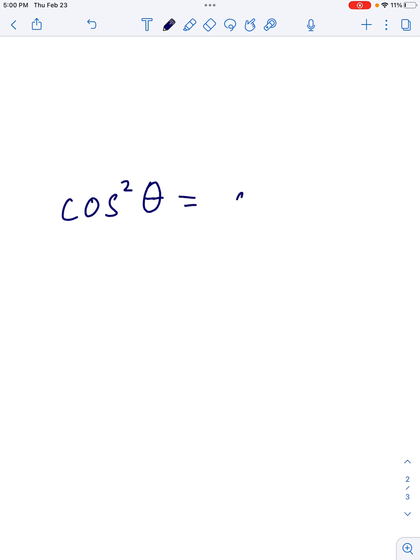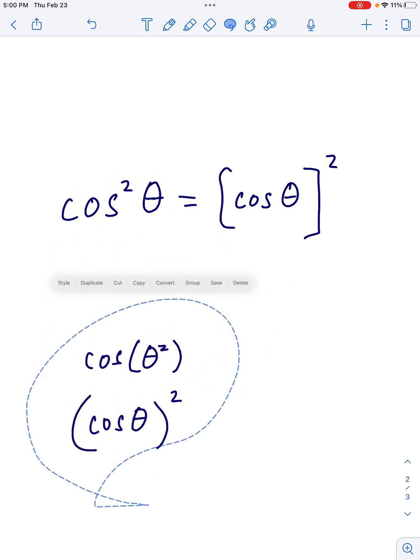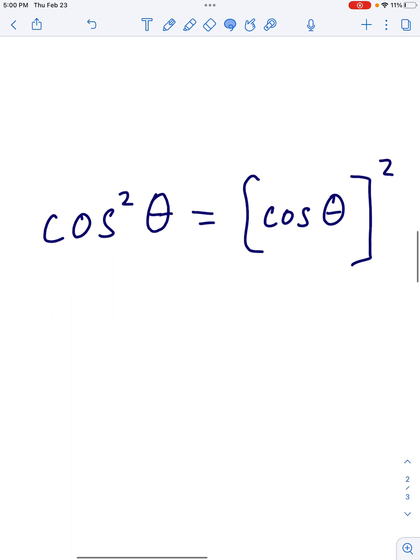That's just a fancy way mathematicians have of writing cosine of theta, that whole thing squared. So that's what the little number means right here. It's literally just an exponent around the whole thing. They write it right next to the letters just so we don't confuse cosine of theta squared and cosine squared of theta. That's why they write the exponent right next to the letters. Okay?